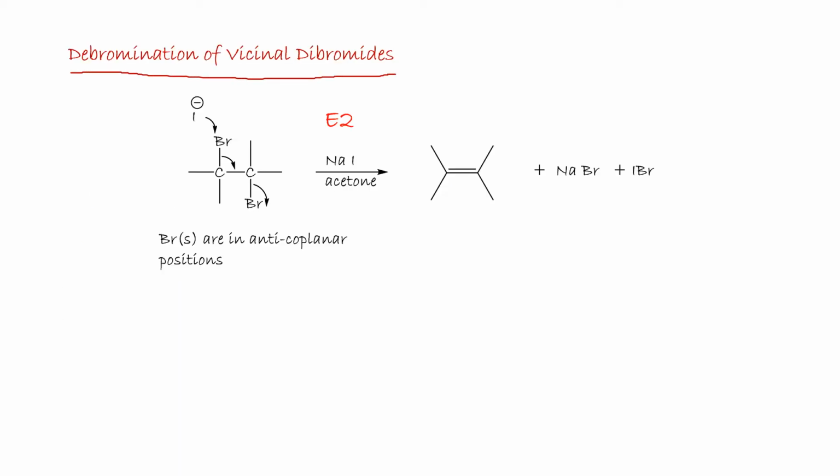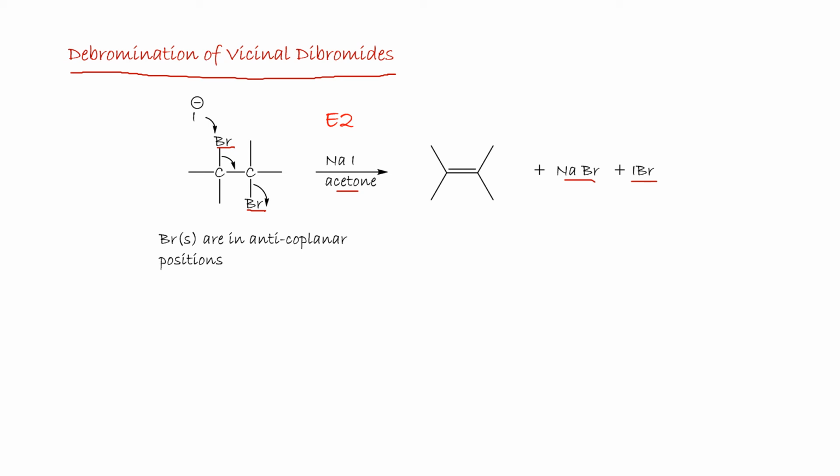Debromination of a vicinal dibromide: we can eliminate Br as sodium bromide and iodobromide by reacting the vicinal dibromide with sodium iodide in acetone.